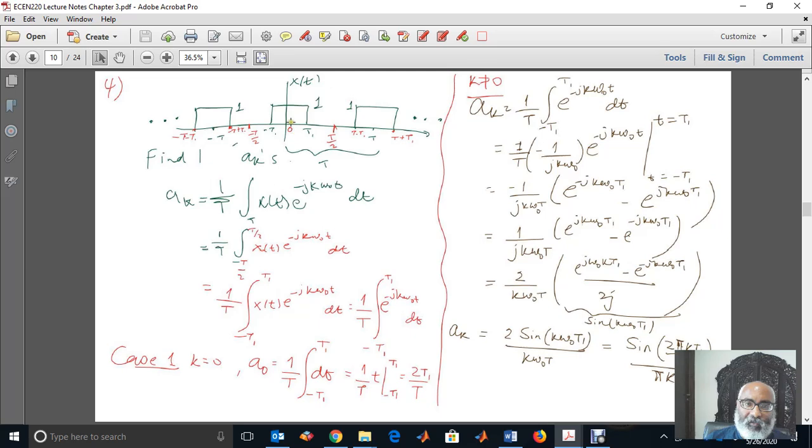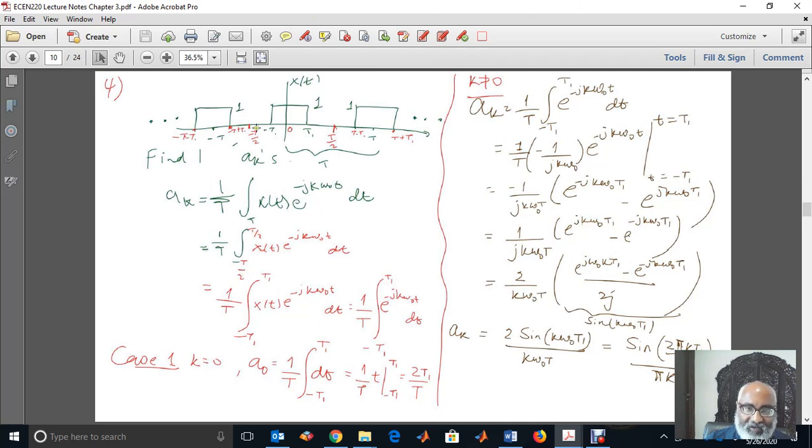Another selection can be from 0 to capital T, but then you have to integrate from 0 to T1 and from T minus T1 to capital T, two integration intervals. So you choose what is easiest for the interval of integration. Here we select from minus T over 2 to T over 2.